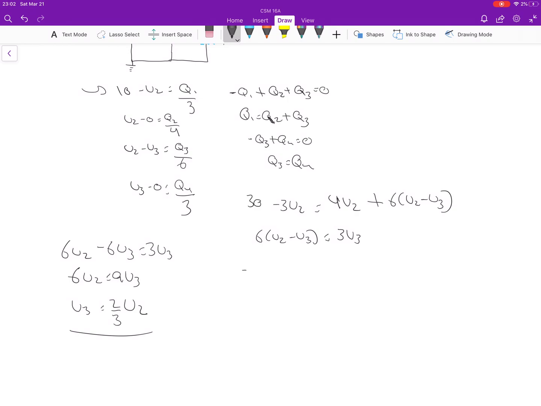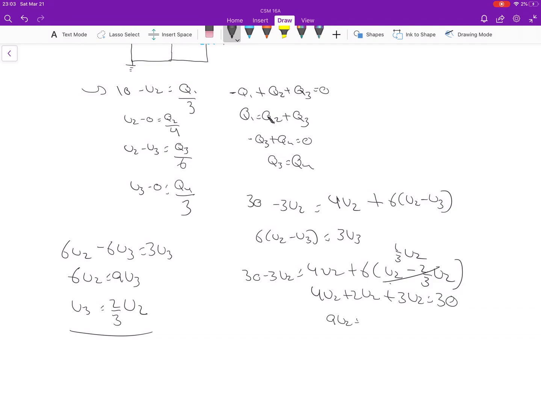So let's do that. 30 minus 3U2 is equal to 4U2 plus 6 times U2 minus 2/3 U2 instead of the U3. So this just becomes 1/3 U2, and this becomes 4U2 plus 2U2 plus 3U2 is equal to 30.